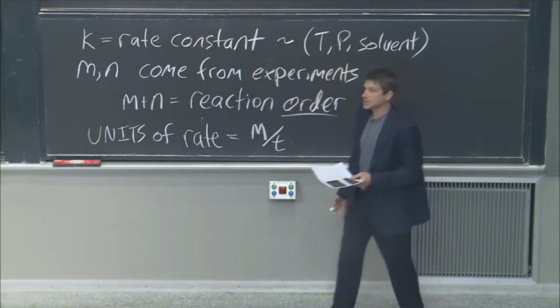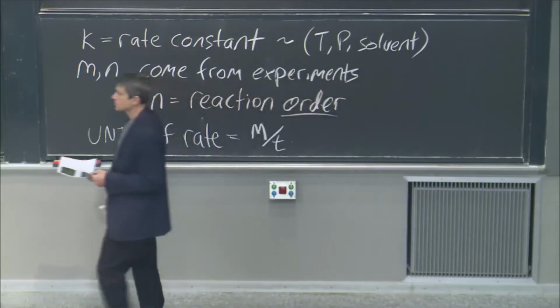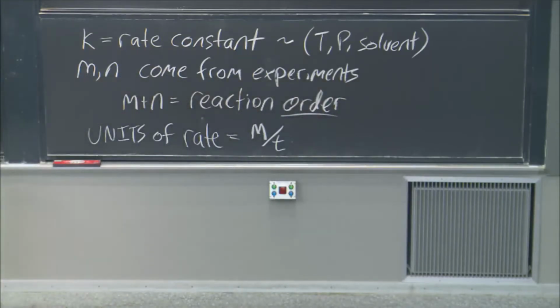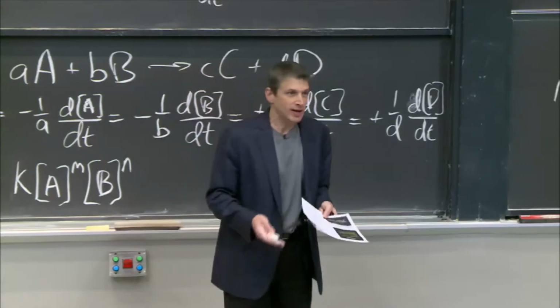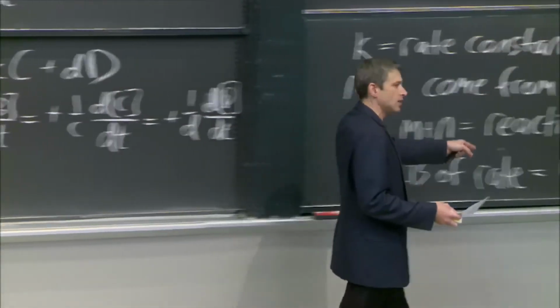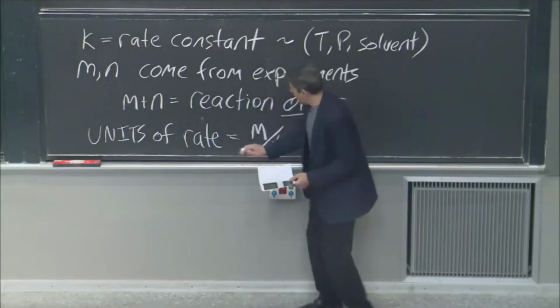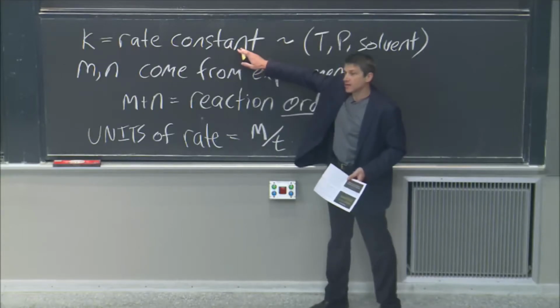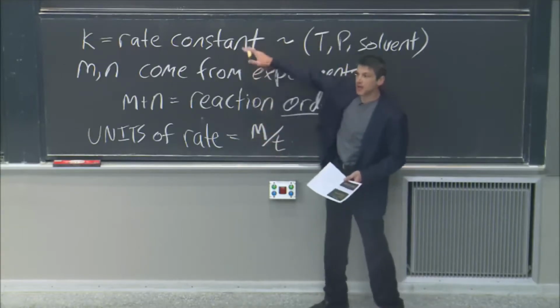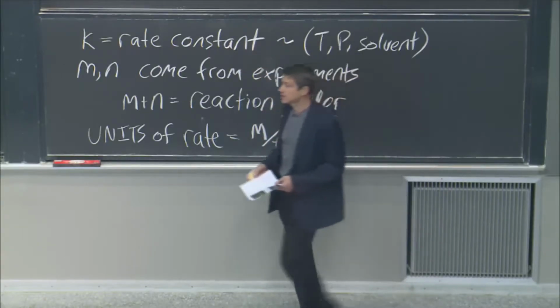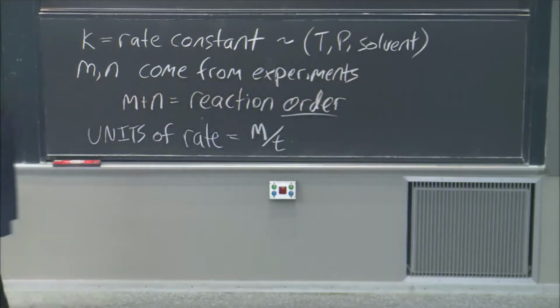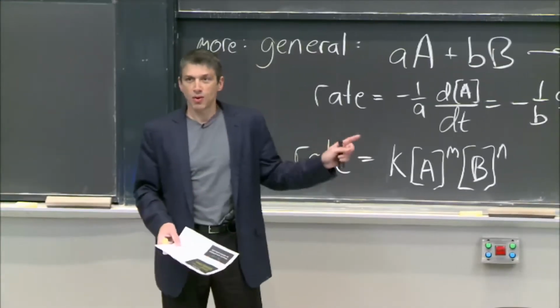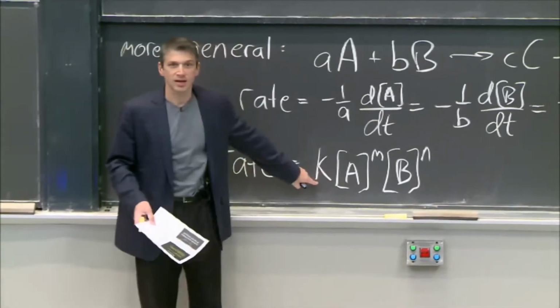That doesn't change. Those are the units of rate. That's the definition of the rate. But you can see, and we will see, that if that has to always be true, then the units of K may vary. And we're going to see that as we go through examples. So the units of K could be different, and will be, depending on the reaction order, which is basically saying it depends on the rate law.